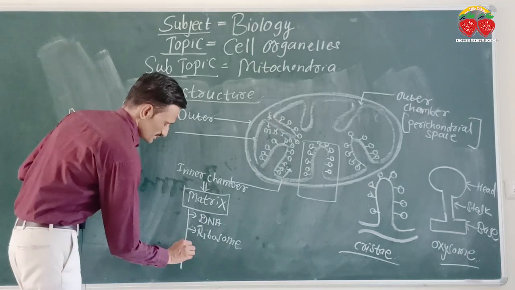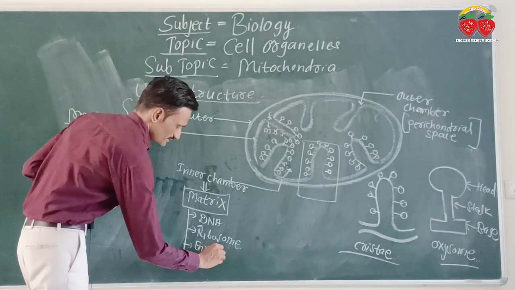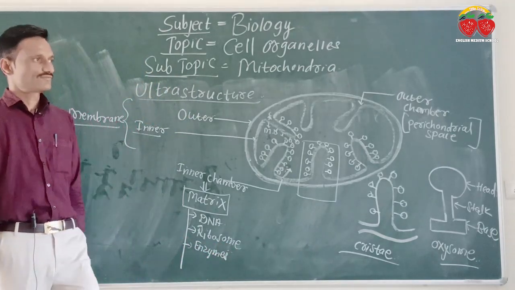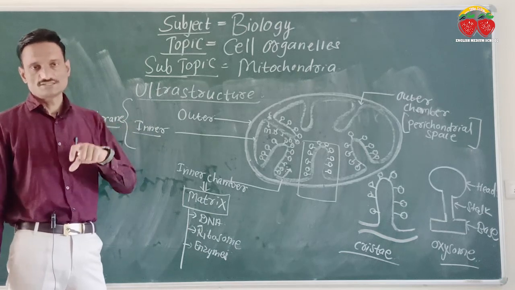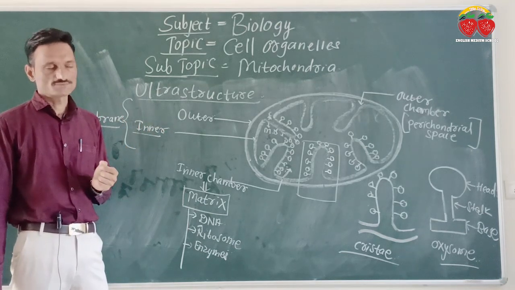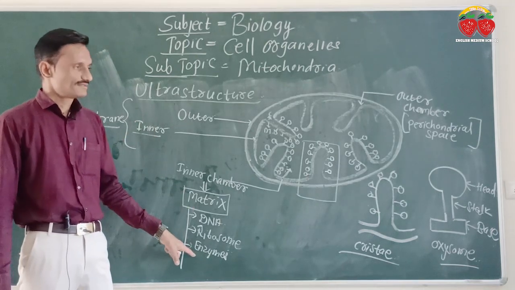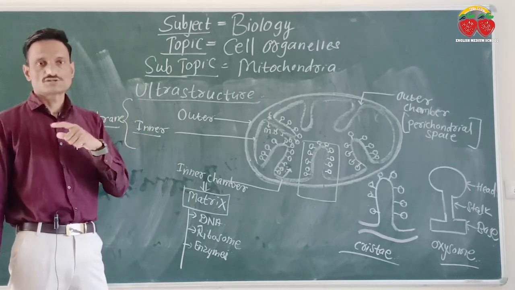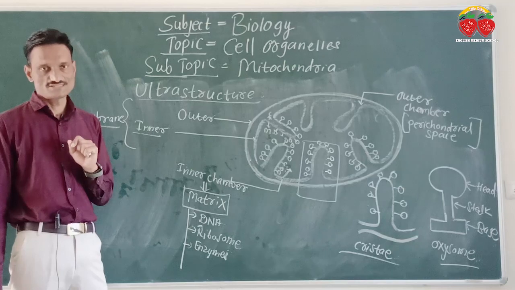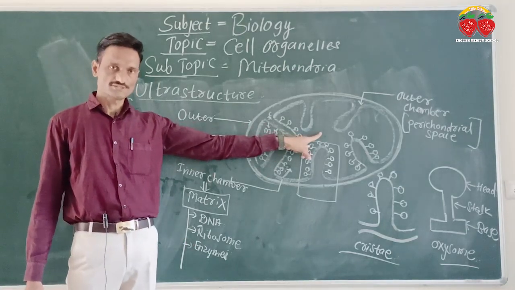The most important thing is the respiratory enzymes, which are necessary for the Krebs cycle. When the food substrate, pyruvate, after acetylation, enters the Krebs cycle, it is converted into a number of intermediate products, and in each step they require a specific enzyme. All those enzymes are present in the matrix of the mitochondria.